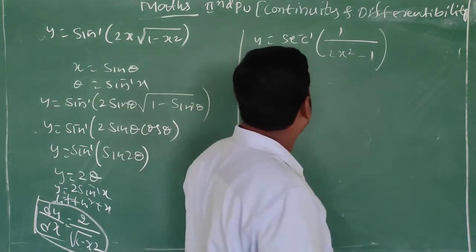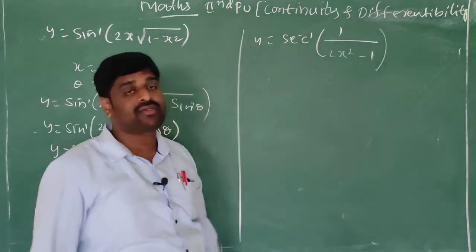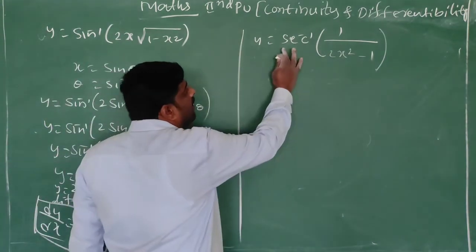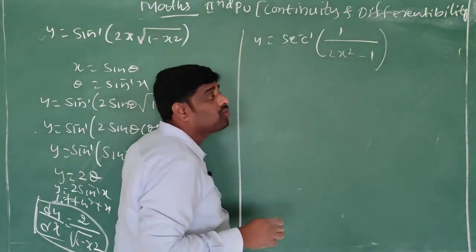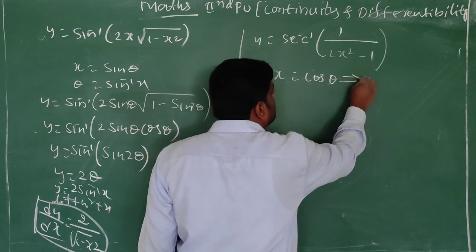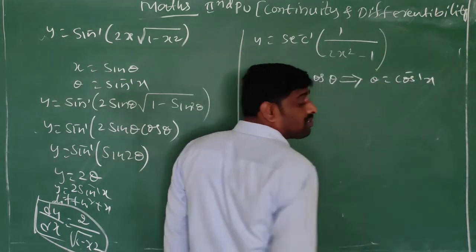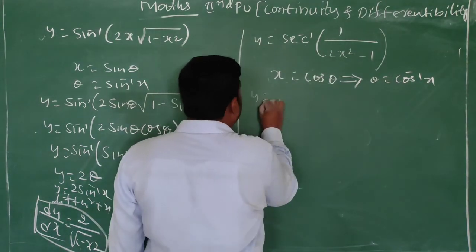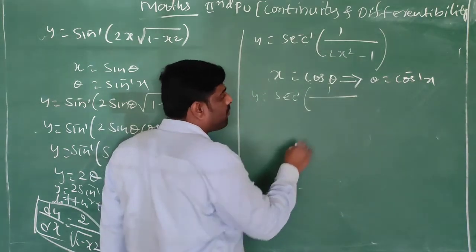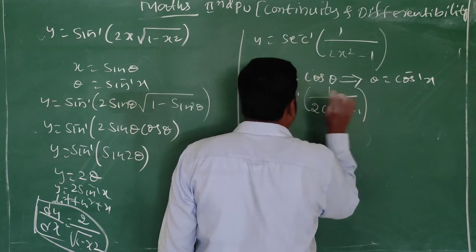Next, one more important problem: y is equal to secant inverse of 1 divided by 2x square minus 1. We have to find dy by dx. Here I want to cancel secant inverse, so put x is equal to cos theta. So theta is equal to cos inverse x. y is equal to secant inverse of 1 divided by 2 cos square theta minus 1.